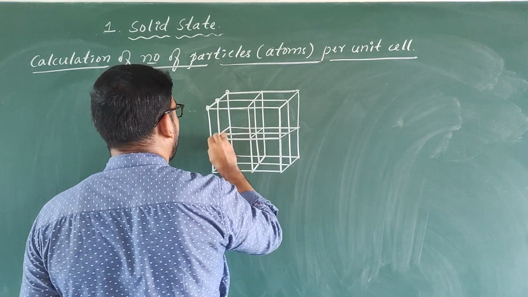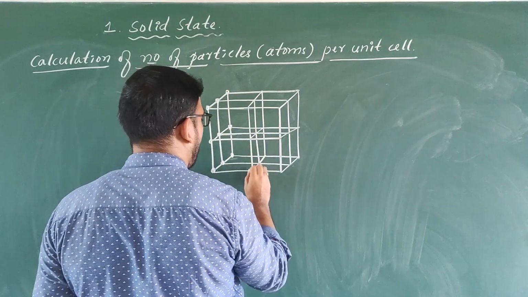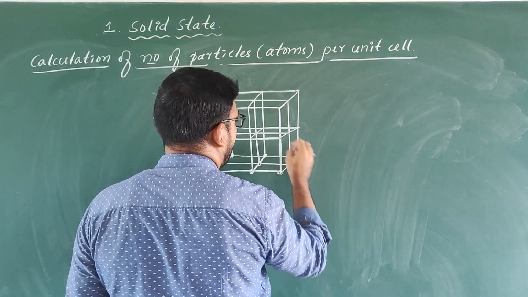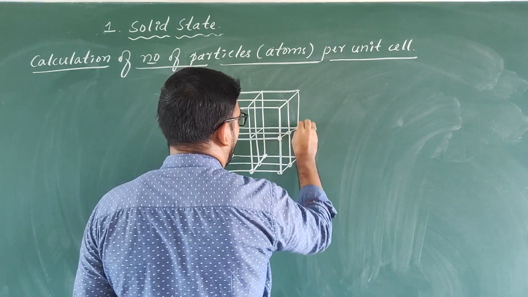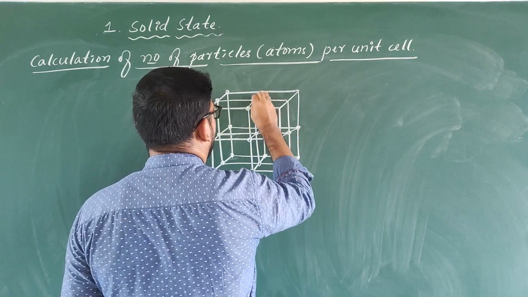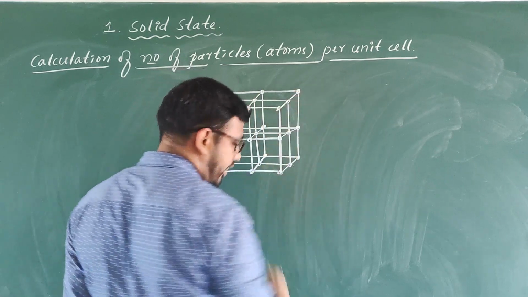So students, this is called a crystal lattice, which we studied in my previous session. So now my intention in drawing it once again is to make you clear how a particle present at the corner shares different unit cells.